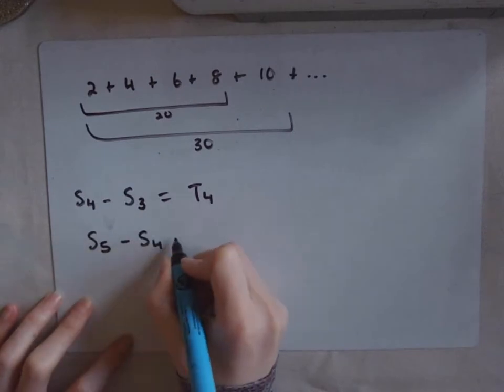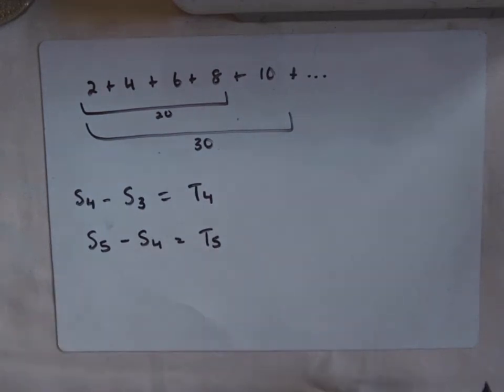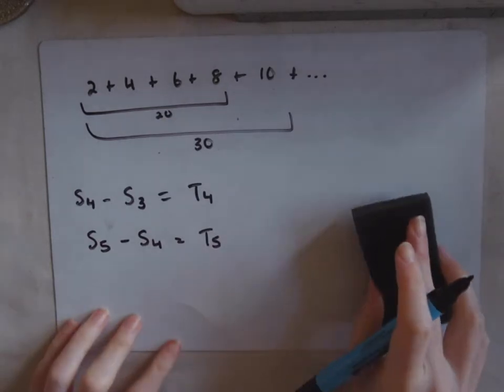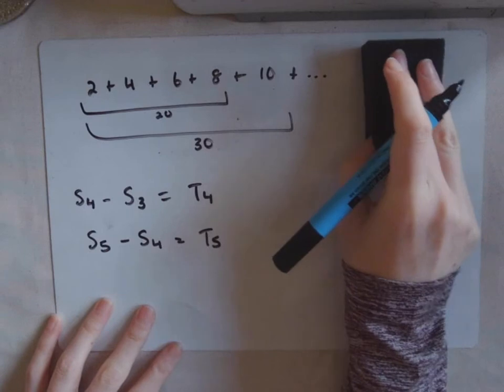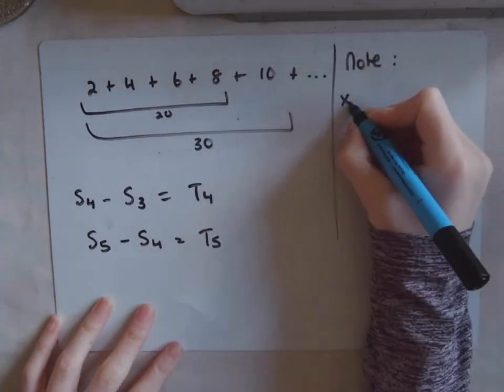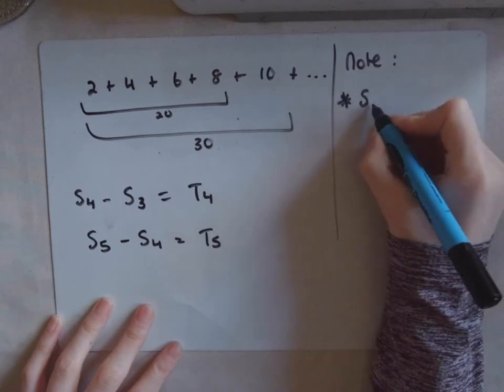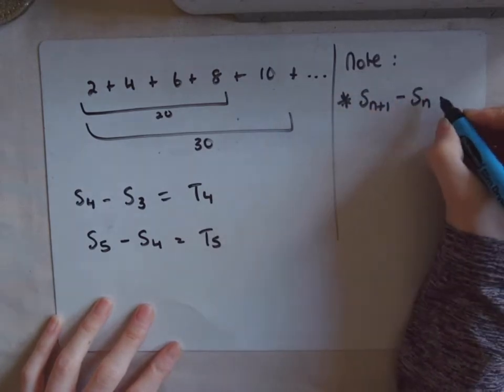So what I do want you to take down, this is the bit I want you to take note of. S of n plus 1 minus S of n. Maybe I'll do it this way. S of n minus S of n minus 1, yeah.